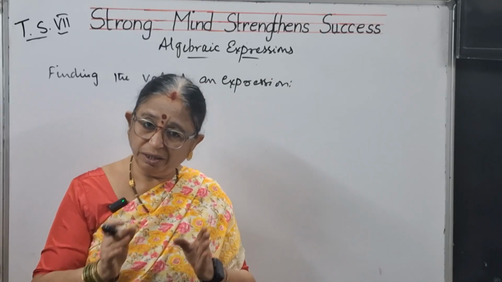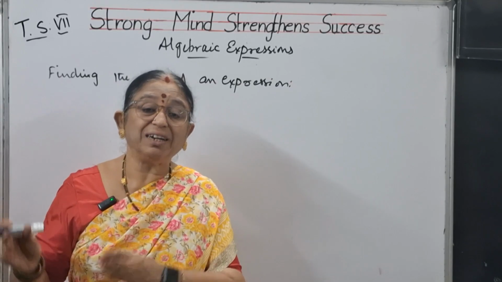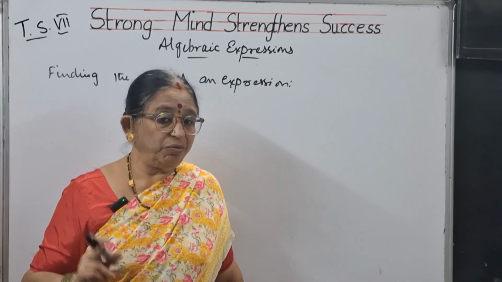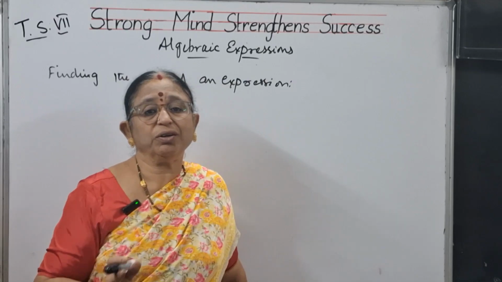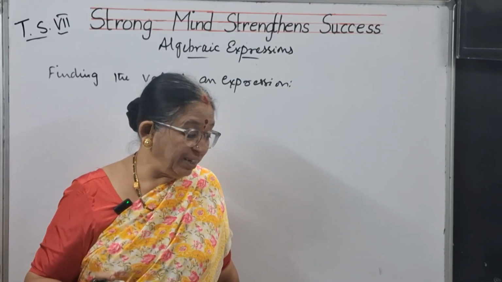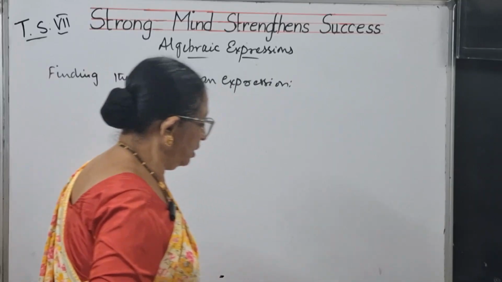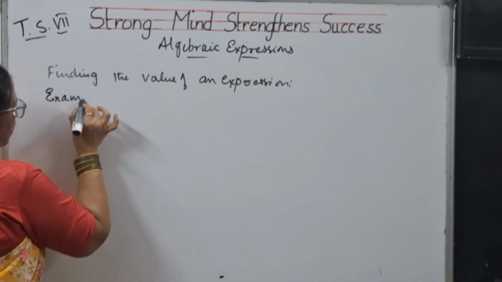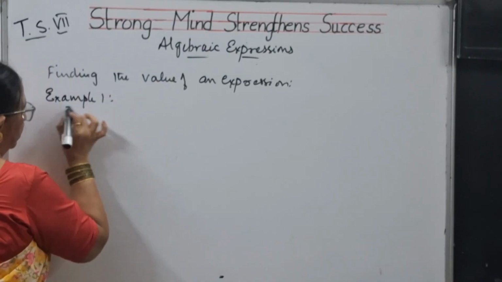This will be continued with you till 10th class. So, keep the initial step properly, firmly, so that you will not find any difficulty in any chapter in your 10th class also. So, let us see example 1. What is given here in example 1?